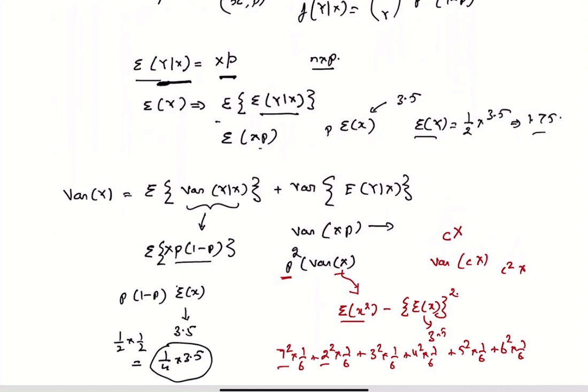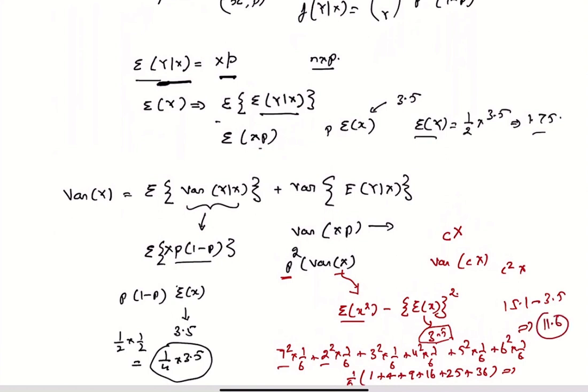So you take out the 1 by 6, and then you do 1 plus 4 plus 9 plus 16 plus 25 plus 36, divided by 6, which is going to be 15.1. So this is 15.1 minus 3.5 squared, and that is going to be 11.6.